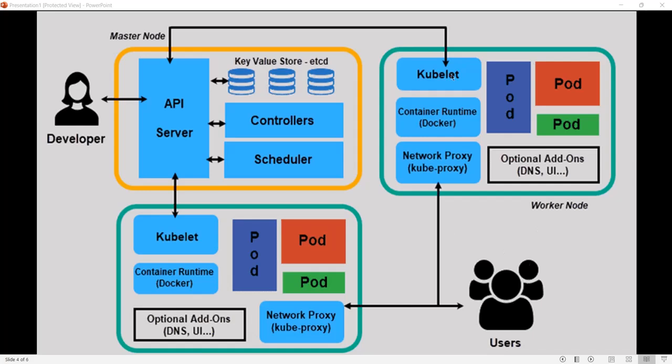So in a nutshell, the API server is the heart of your Kubernetes. All types of communication and authentication happen through here only, and the controller manages any type of new request or new requirement. The controller is the responsible person. The scheduler will maintain the state and decide on which worker node the pod should be running, and it is the deciding factor.